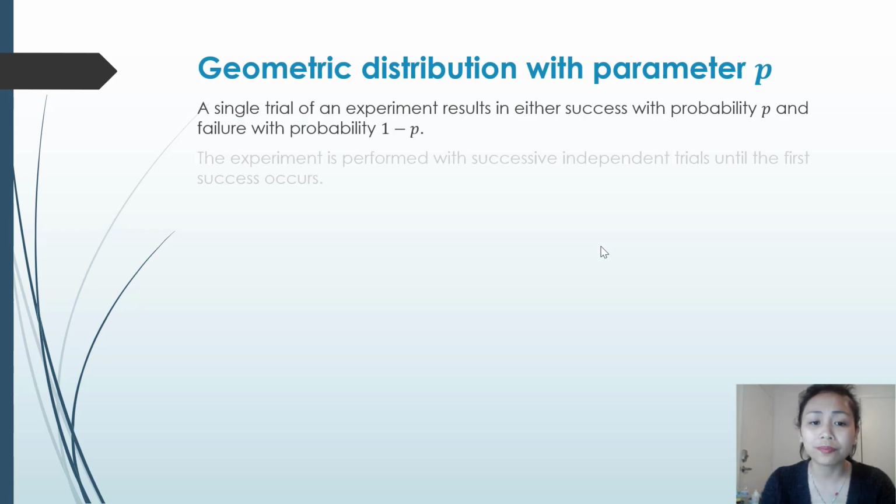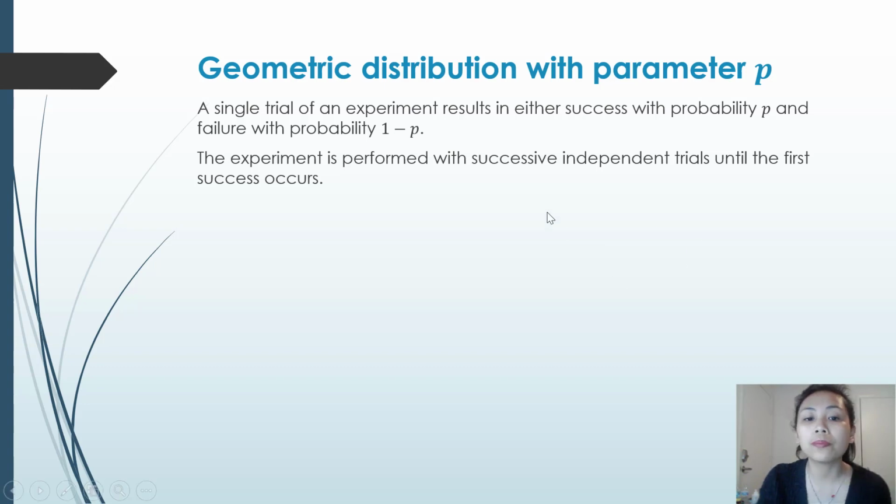1 minus p. The experiment is performed with successive independent trials until the first success occurs. So this is the difference between geometric distribution and binomial distribution. For binomial distribution, we perform a fixed number of independent trials.